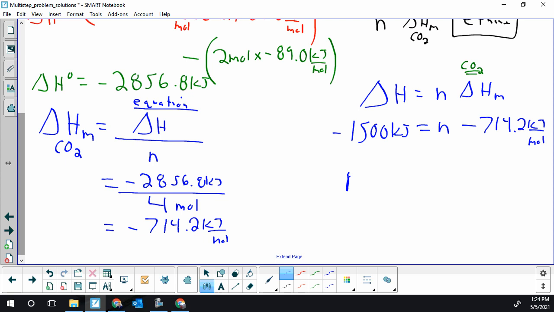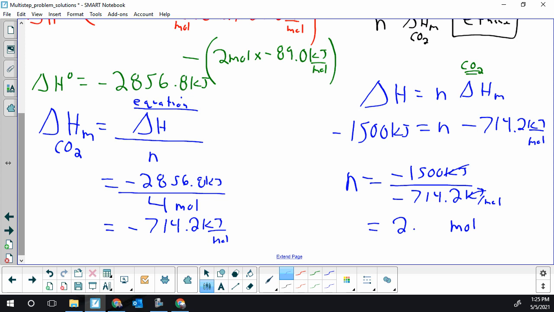So our moles we're going to get from rearranging and isolating for n. And that works out to about a little over 2 moles of carbon dioxide was produced.